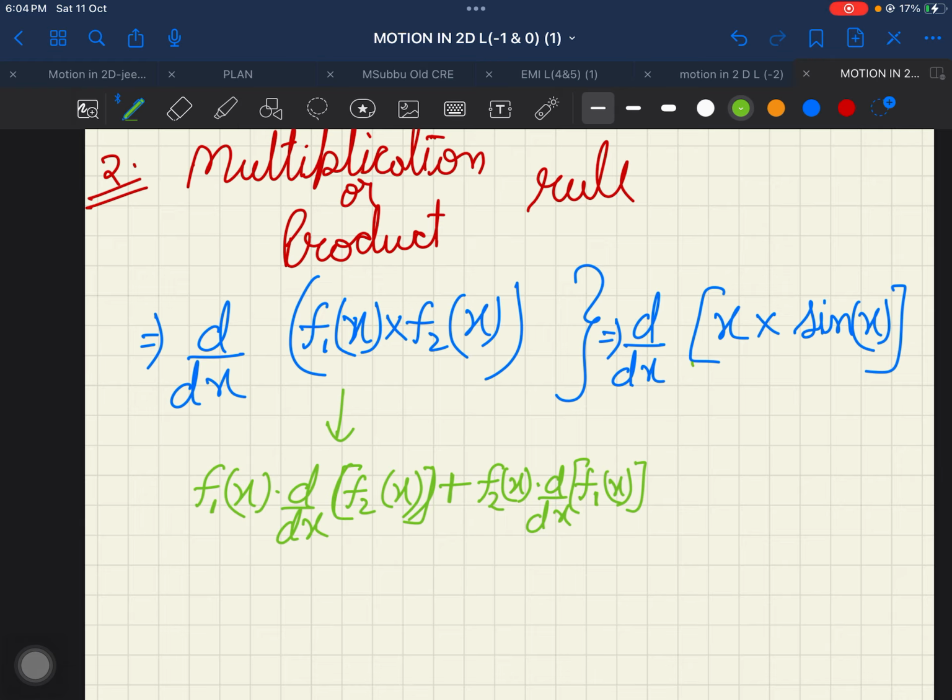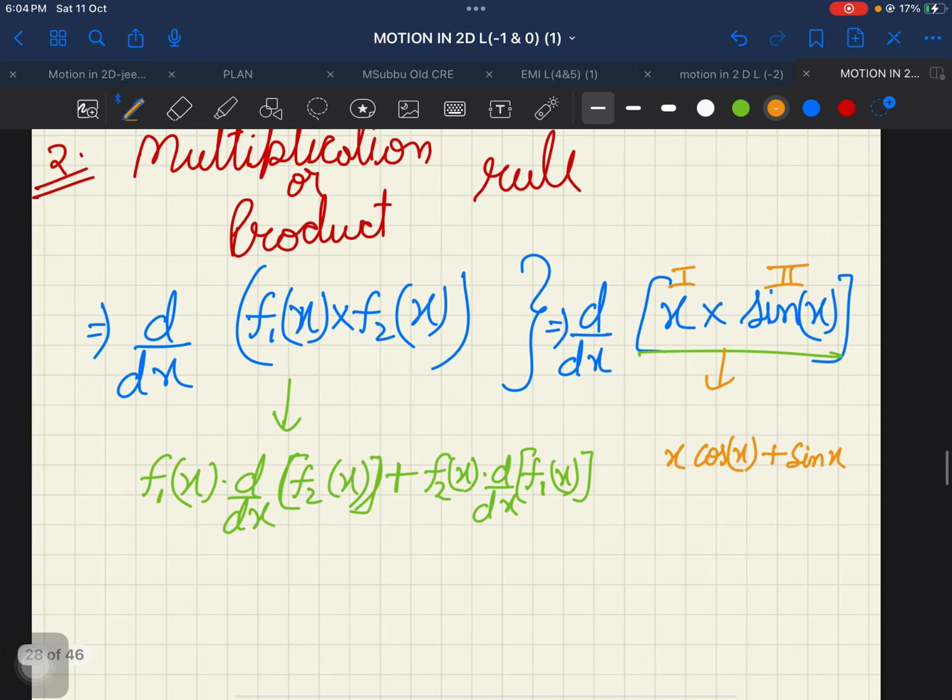So let me do it for this example. How will you differentiate? This is your first function, and this is your second function. First function as it is, x, and the differentiation of the second function sin x is cos x, plus the second function as it is, sin x, into the differentiation of the first function, which is x, which is 1.